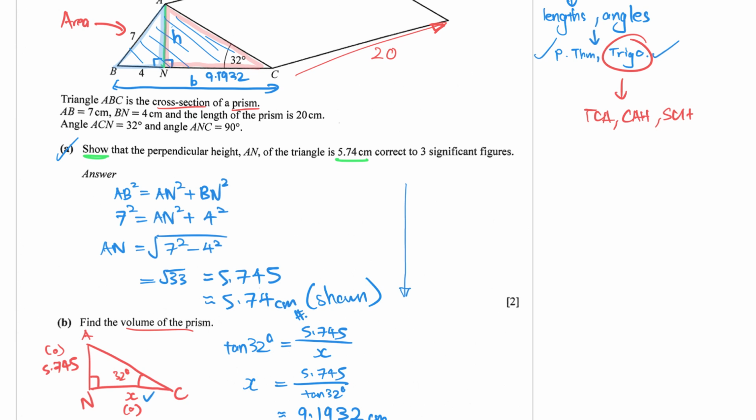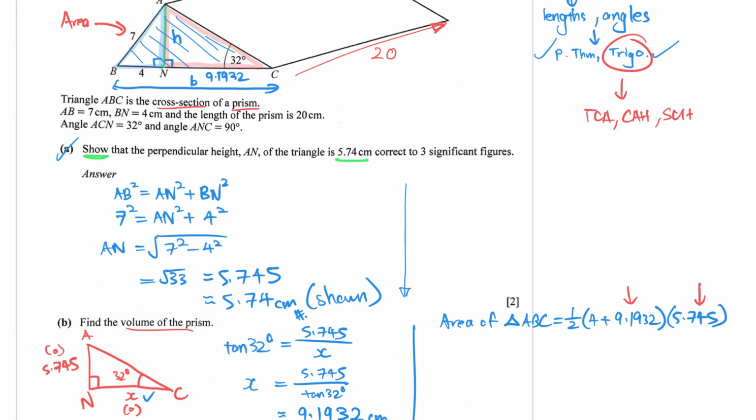Therefore, the total area of that triangle ABC is half times the base of 4 plus 9.1932 times the height of 5.745. Now everyone, please note that we used the answers with more accuracy, more significant figures, more decimal places.